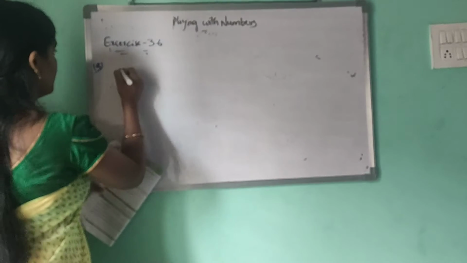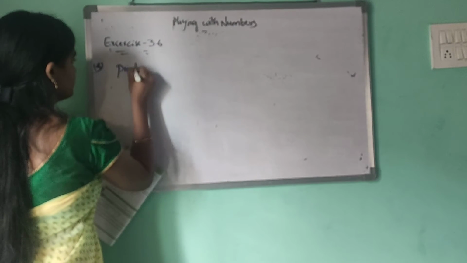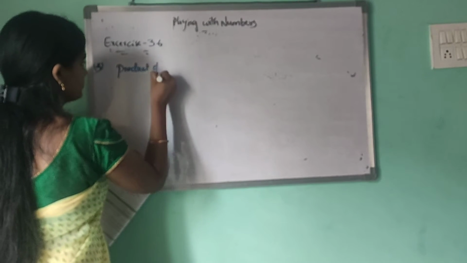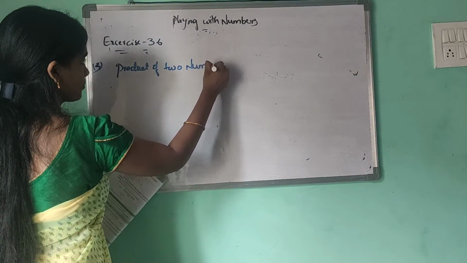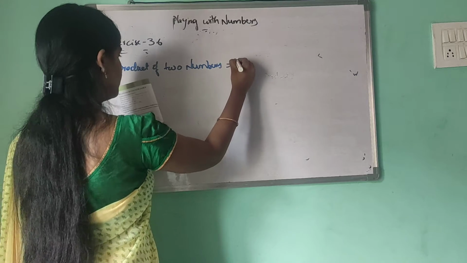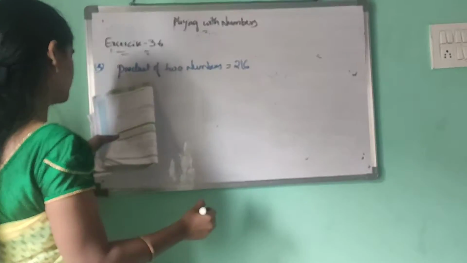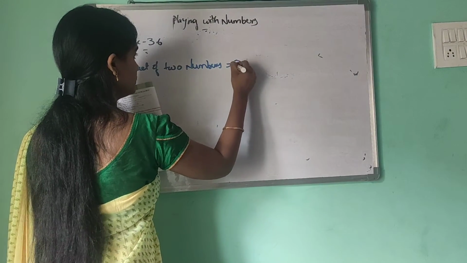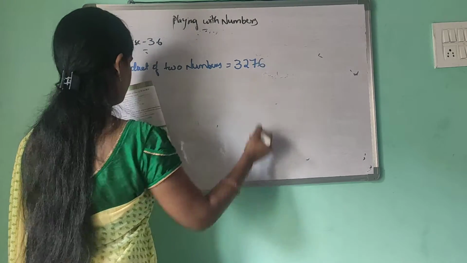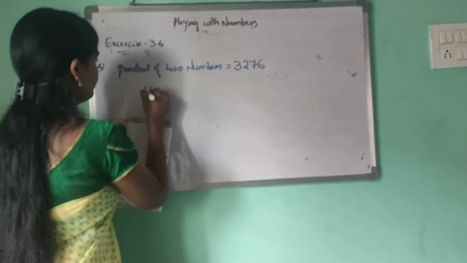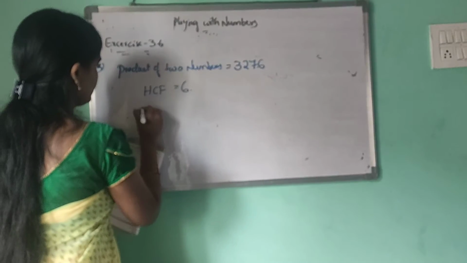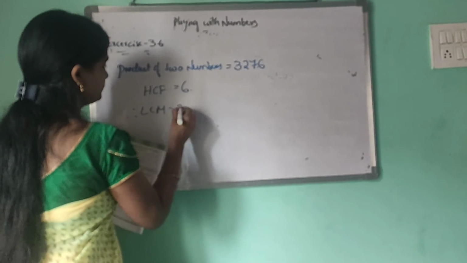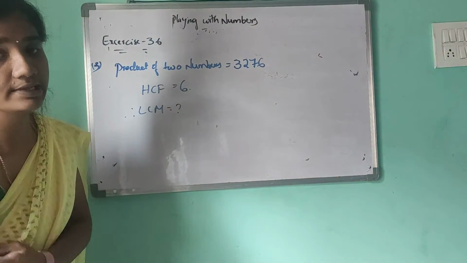The product of two numbers is 3276. HCF is 6. Find their LCM.